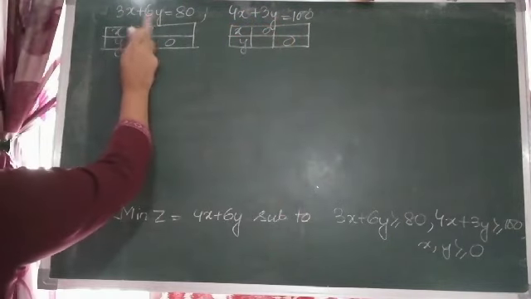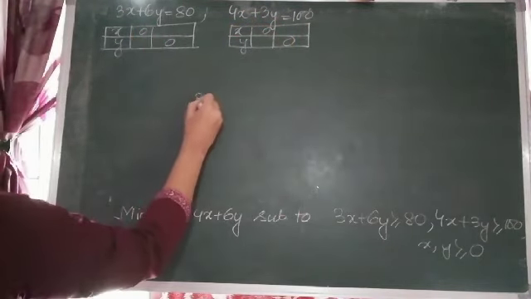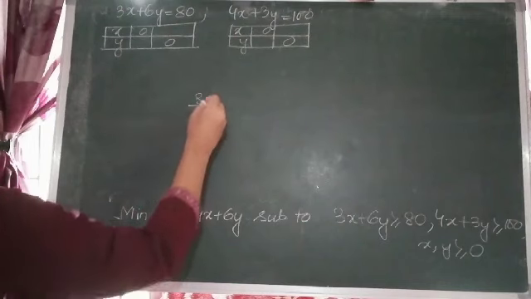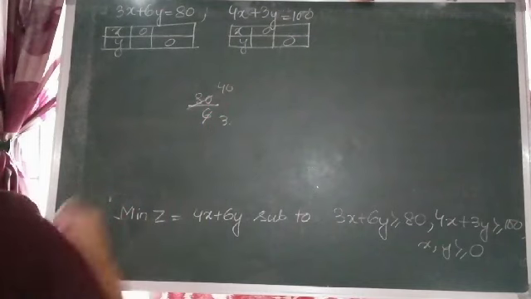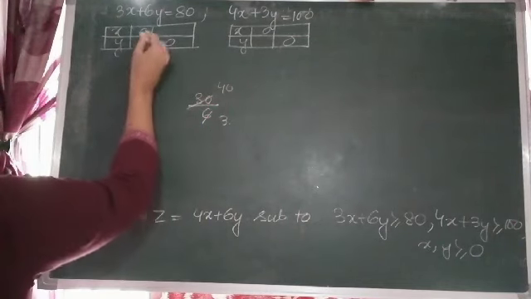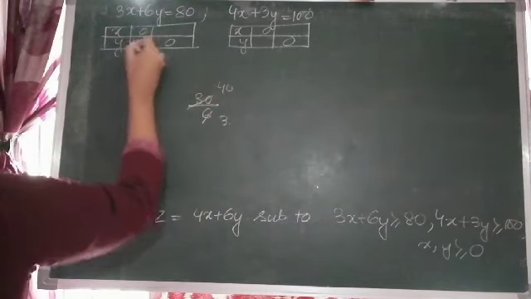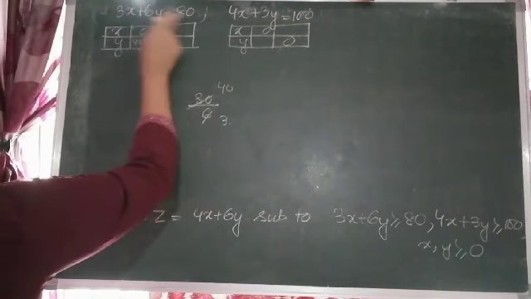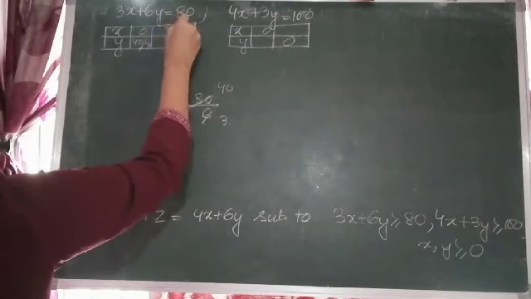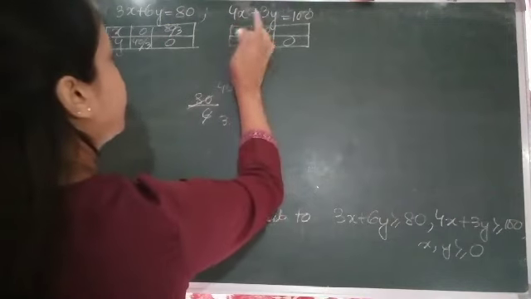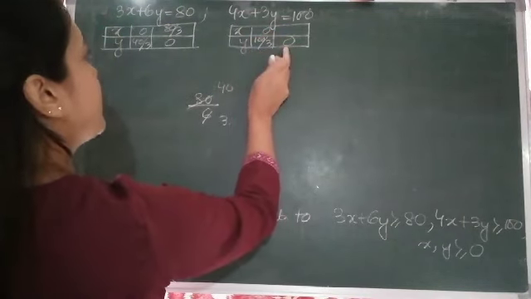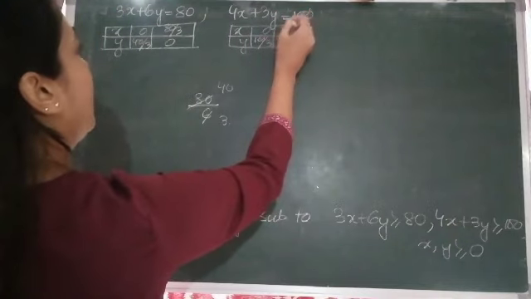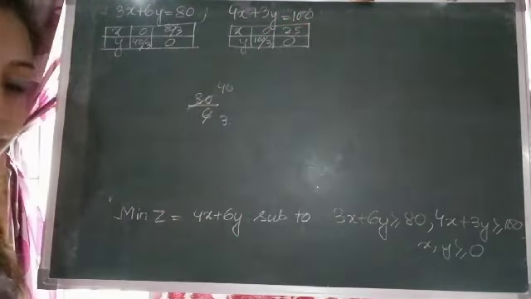If you put x equal to 0, then y will be equal to 80 by 6, that is 40 by 3. Next, if you put y equal to 0, then x will be equal to 80 by 3. Here, if you put x equal to 0, y will be equal to 100 by 3. And if you put y equal to 0, x will be equal to 100 by 4, that is 25.